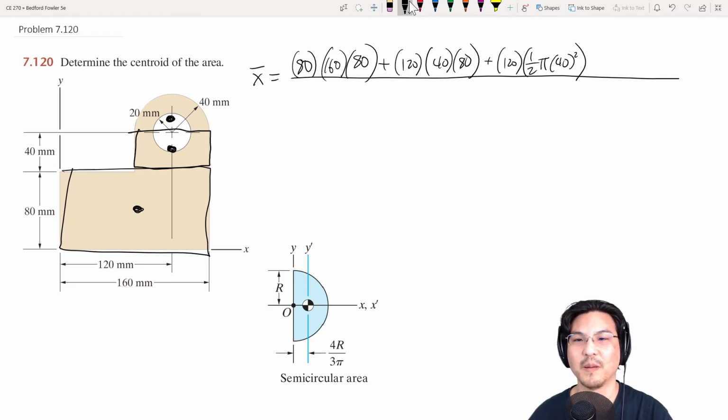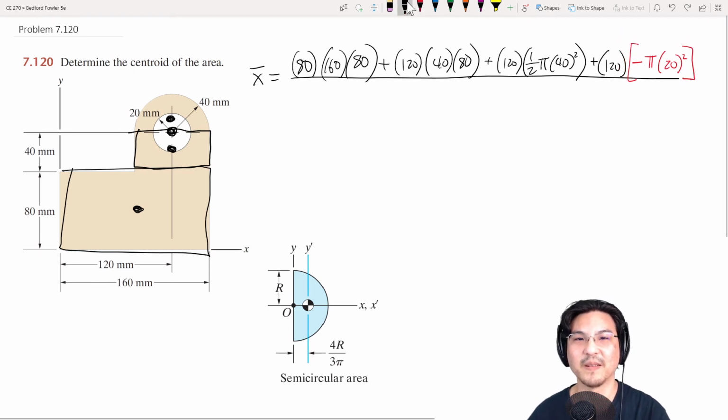Plus, now the circle. Where's the centroid of the circle? Right here, 120 times the area of the circle, which is negative because it's a cutout. So negative pi r squared. It's a cutout.